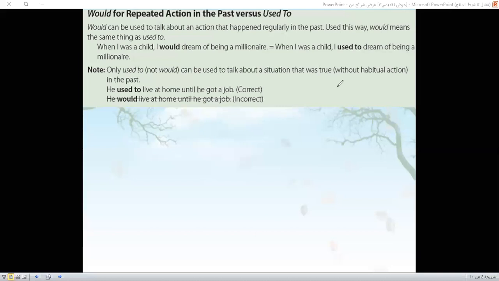Okay, Ragad, can you tell us what you think this grammar is about?